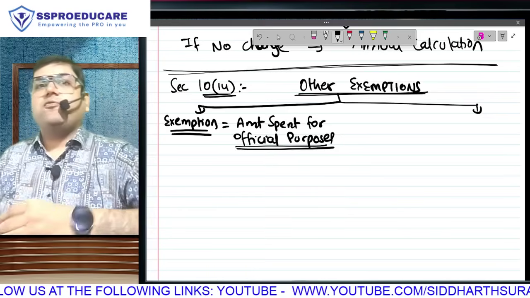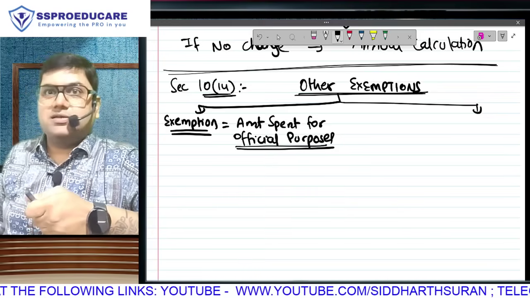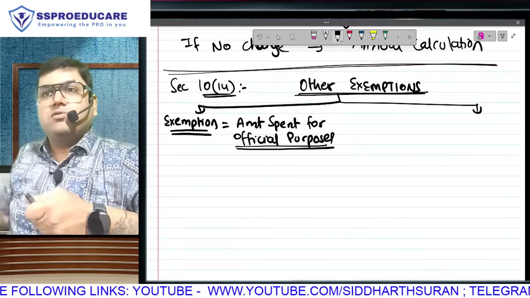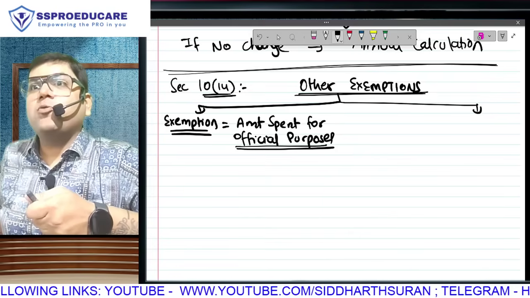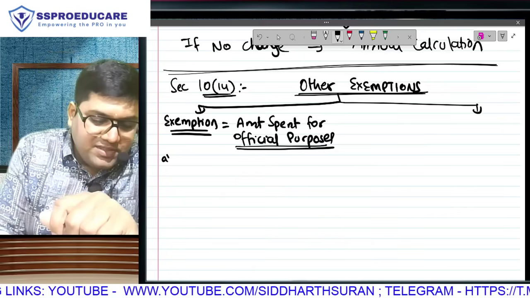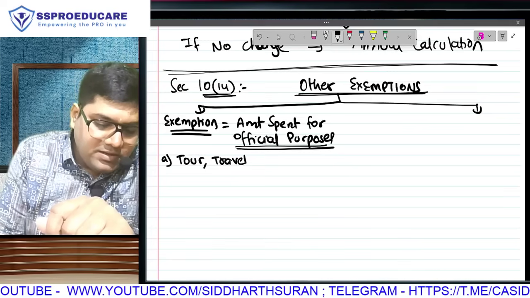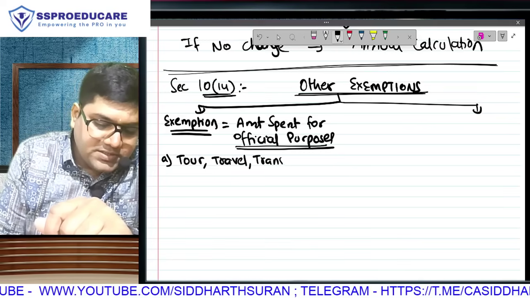From that money you spend for office. Whatever you spend for office, we can't tax. But will there be some amount which you have retained in your pocket? That amount will be taxable. I will explain with the first allowance as an example: tour, travel, transfer allowance.